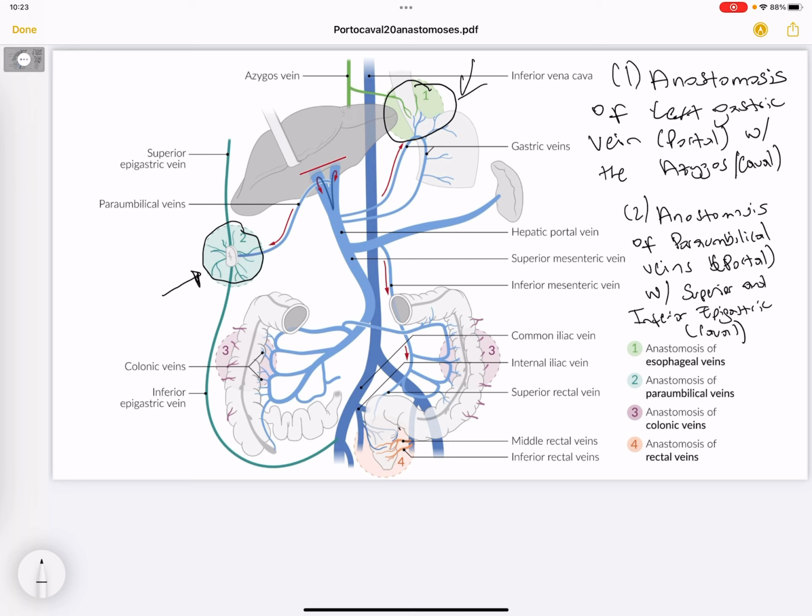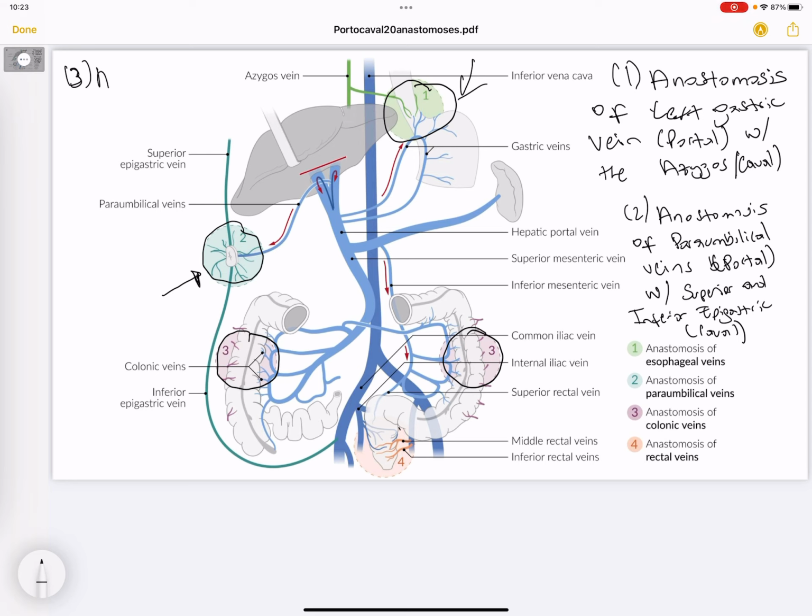Alright, now the third region that we're going to talk about is found in our colon. And this is going to be the site of the anastomosis of our colonic veins, which are part of our portal system, with the retroperitoneal veins of our caval system.